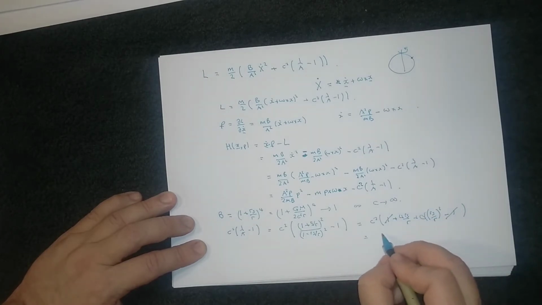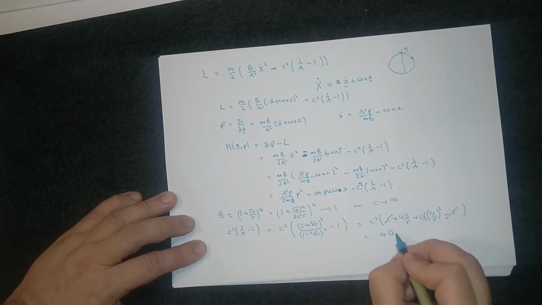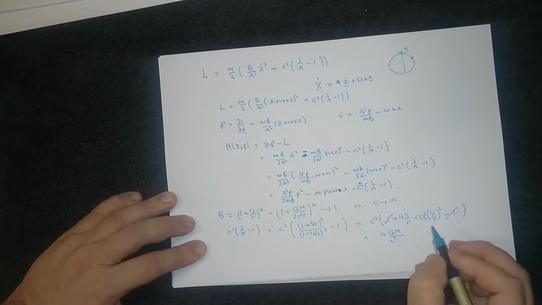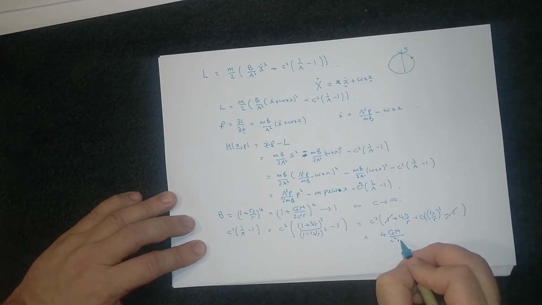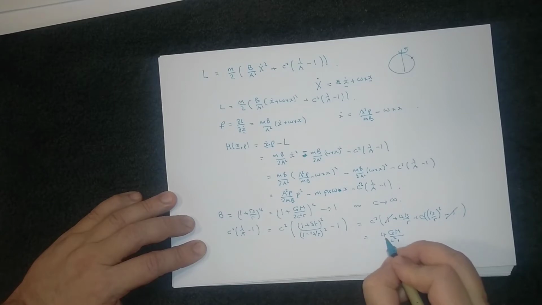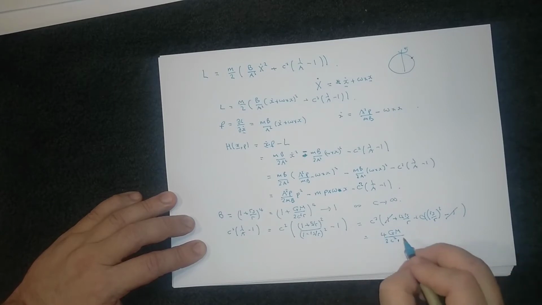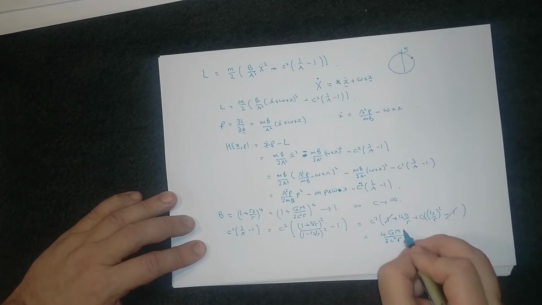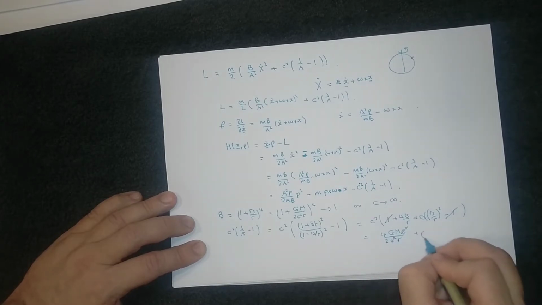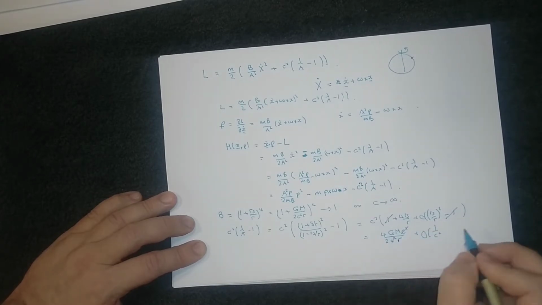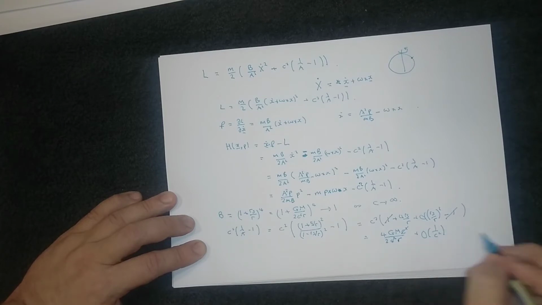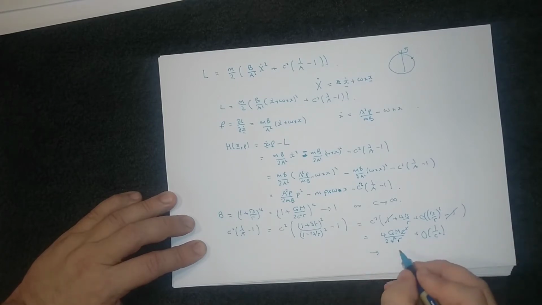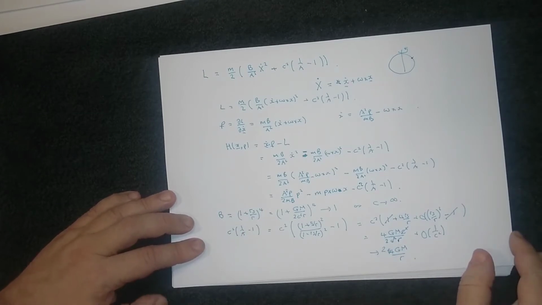And that's equal to 4 GM over 2c squared r times c squared plus order 1 over c squared terms, and that tends to 4 GM over 2, or 2GM over r.